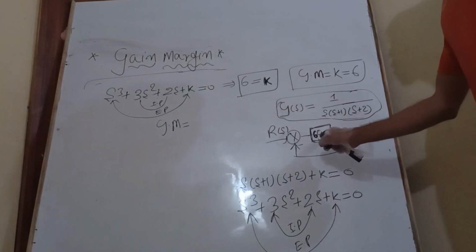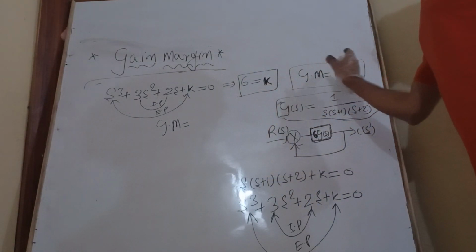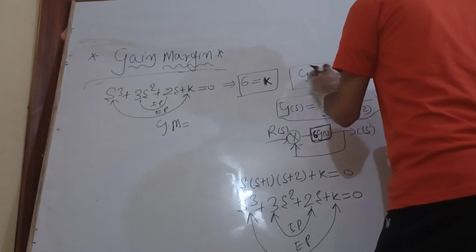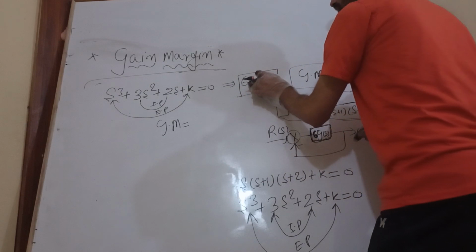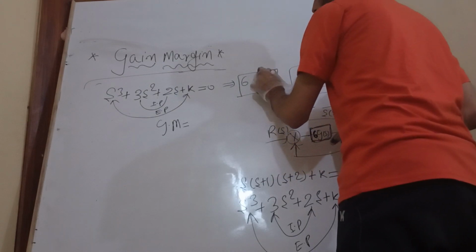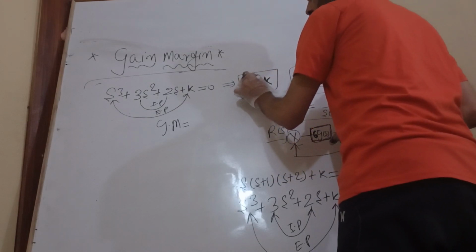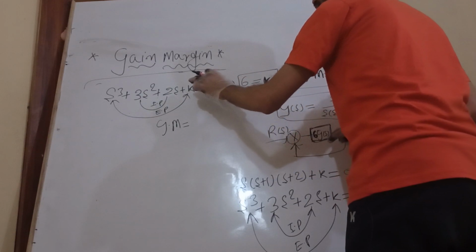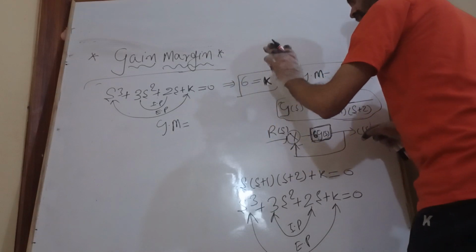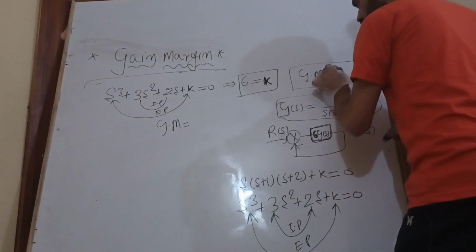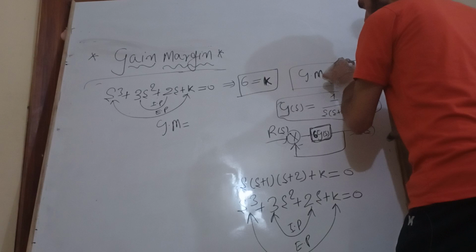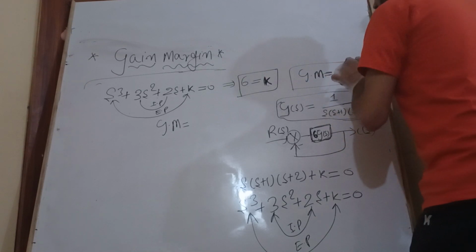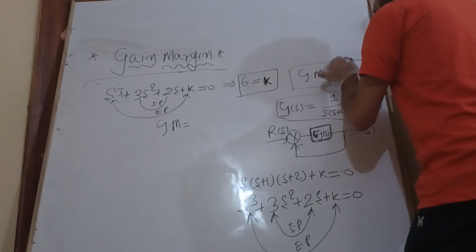If I take k equal to 6, then my closed loop system will become marginally stable. But the gain margin is the reciprocal of this, which is 1 by k.